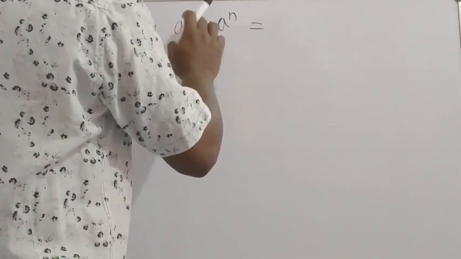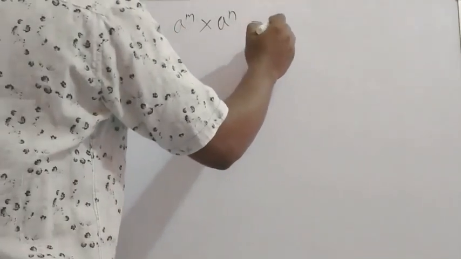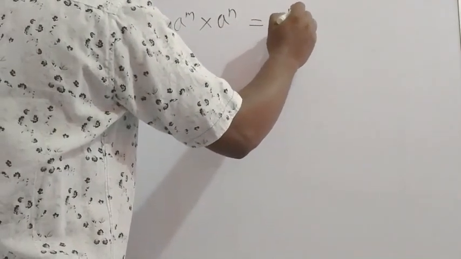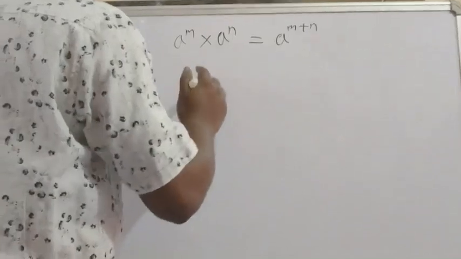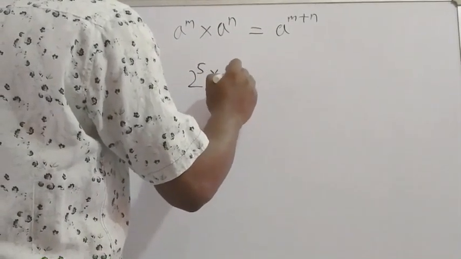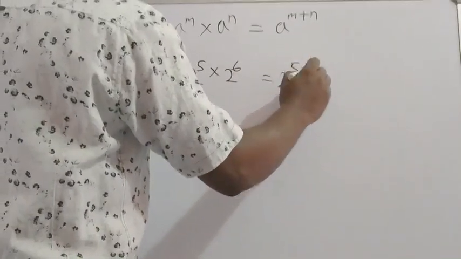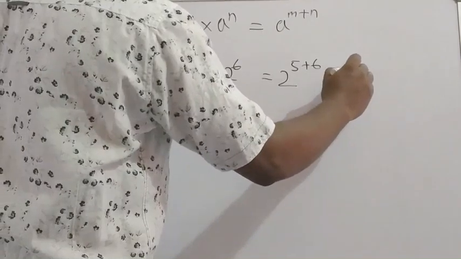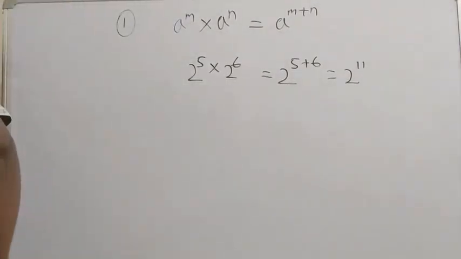A to the power m multiplied with a to the power n, in exponential form we can write a to the power m plus n. If it is multiplication, the power must be added. For example, 2 to the power 5 into 2 to the power 6. We can write it as 2 to the power 5 plus 6, so it will be 2 to the power 11. So this is the first formula.